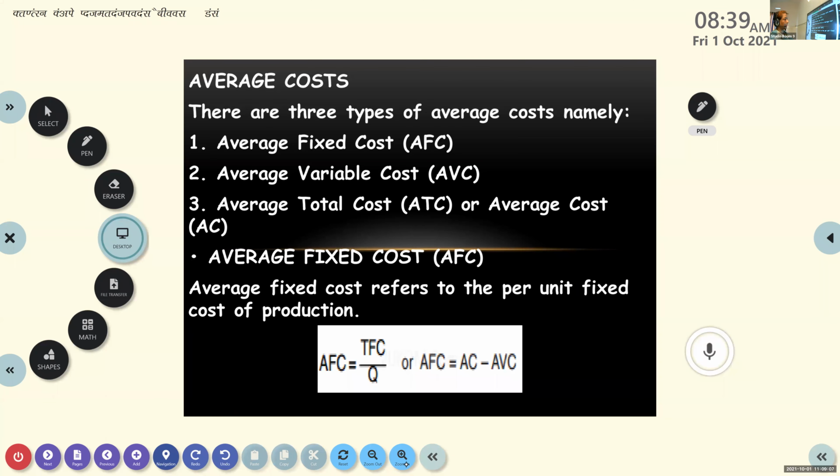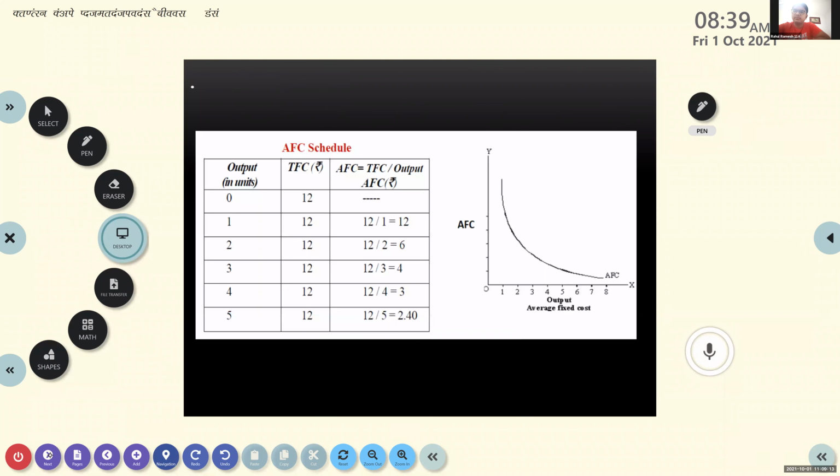One more method is there. Rahul, what is that? AC minus AVC. Okay. So this is the curve.